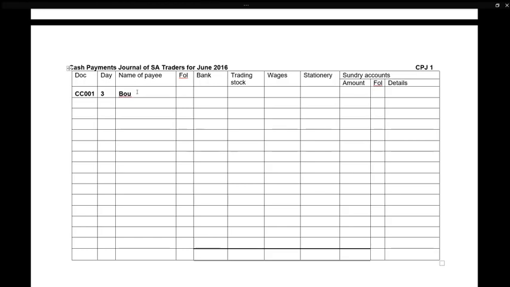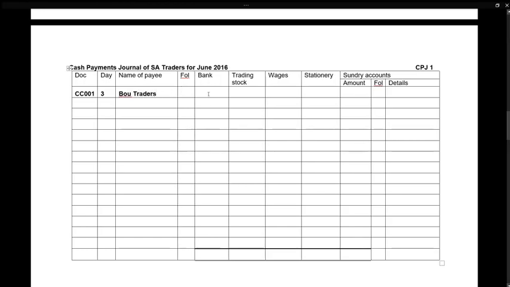Bow Traders. The amount that will be deducted from our bank account is 180,000 Rand, and the reason it's being deducted, in other words what are we purchasing, will be land and building. They did not provide a column for the land and building account, therefore we need to take it to the sundry accounts. Land and building.